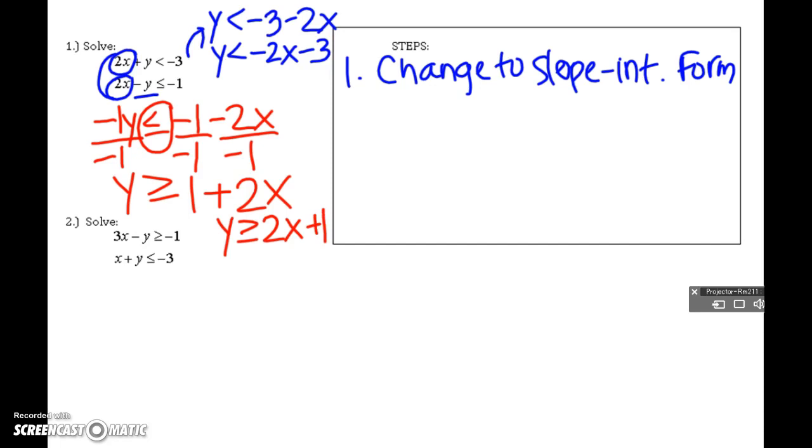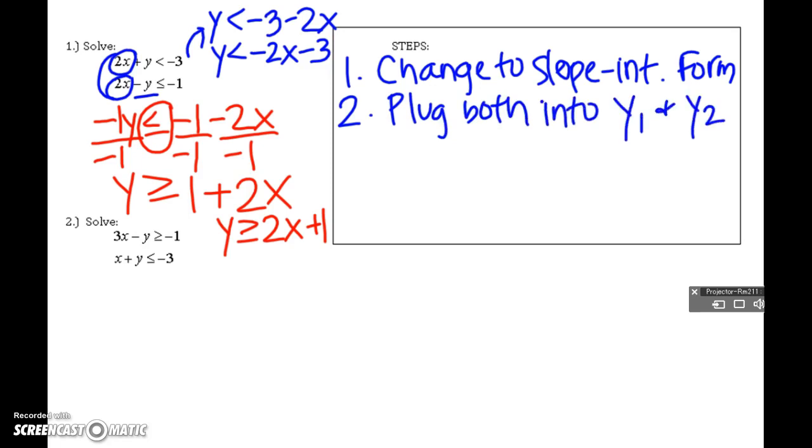Then I'm going to go to my calculator, step 2, plug both into y1 and y2. So you're going to hit y equals, you're going to plug both of these inequalities into y1 and y2.